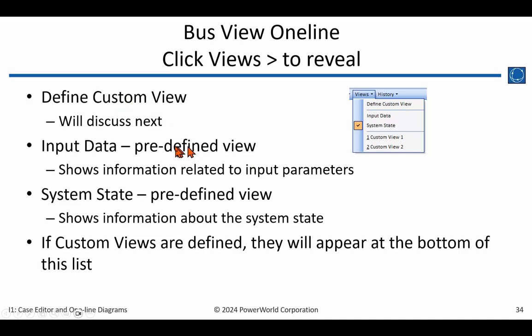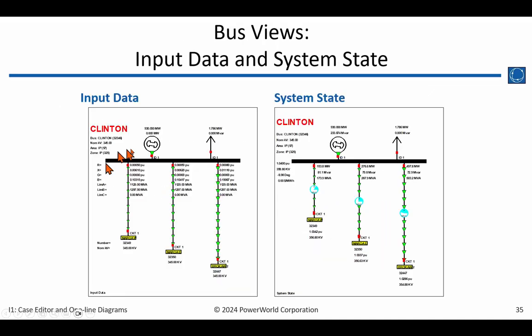And then also you can define a custom view, which we just described, or you can switch back and forth between the predefined input data or system state, and any custom views you create will be shown at the bottom. And then this is just screenshots of the input data and system state examples.